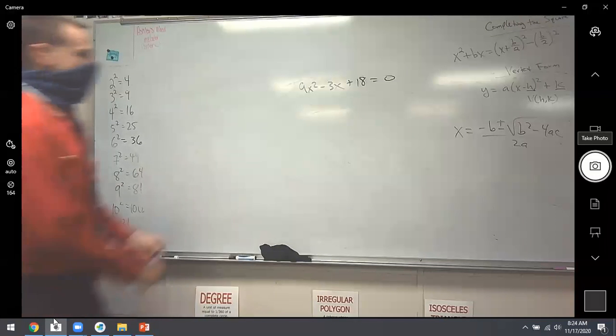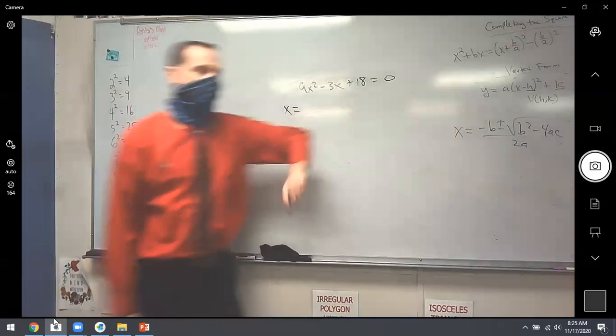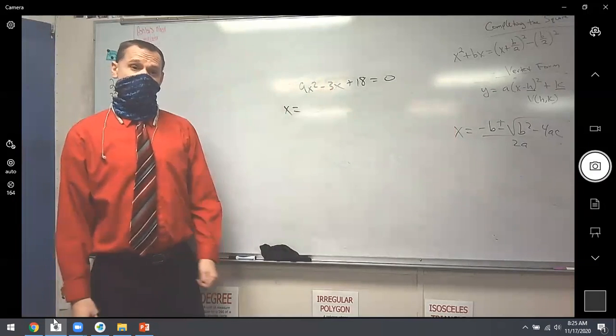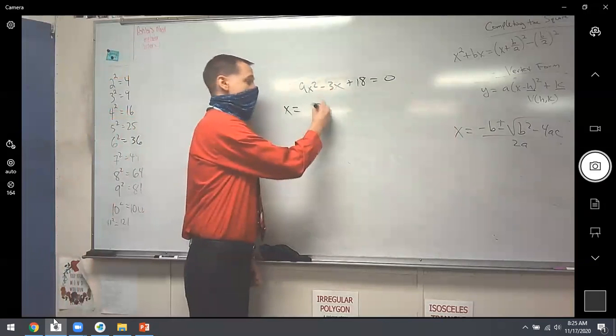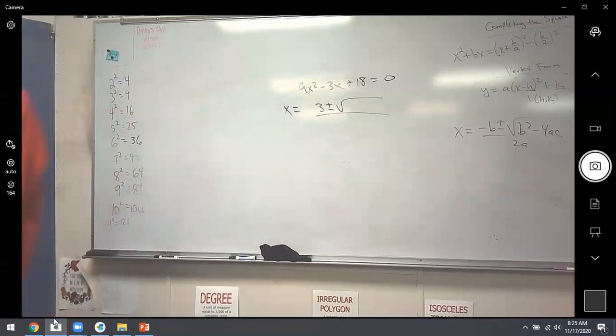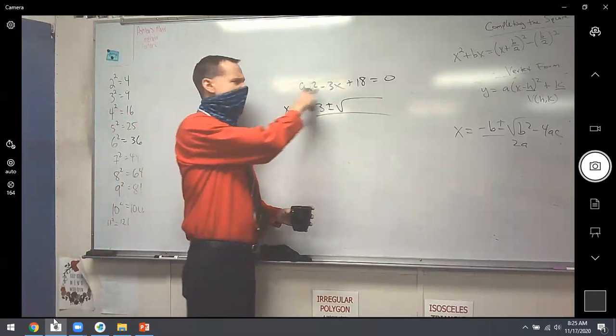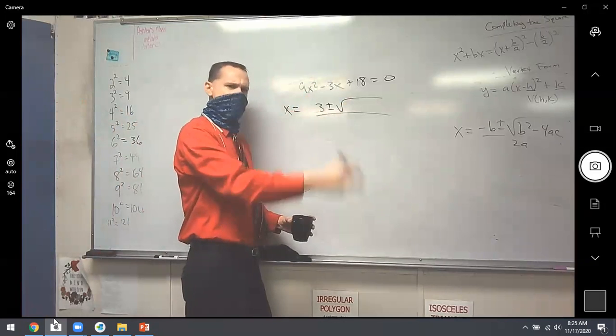All right, here goes the formula again. x equals negative b. b was negative 3, though. So negative 3 is positive 3. So negative b is 3. Underneath that square root, the discriminant, b squared, negative 3 squared. You can drop the sign when you square the thing because it's going to be positive no matter what, right?